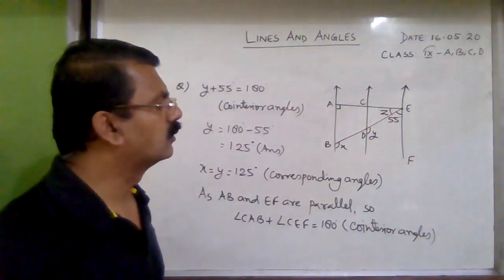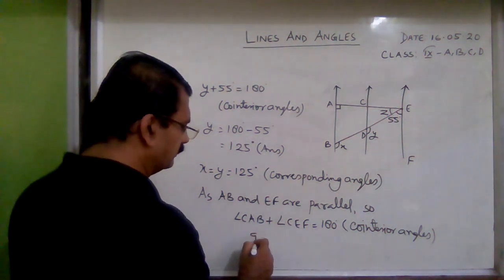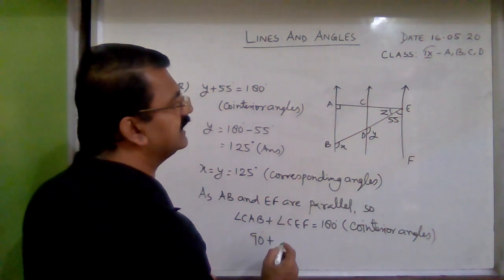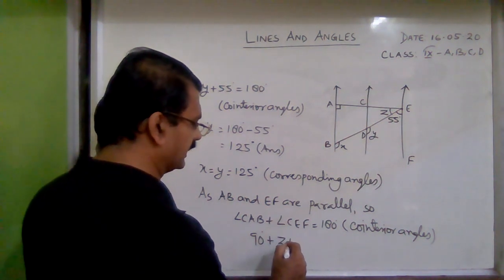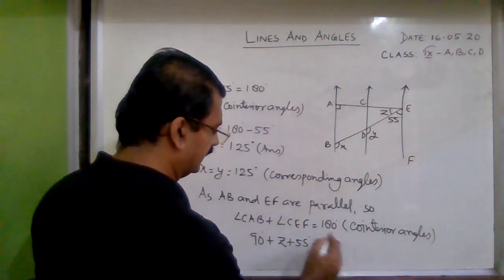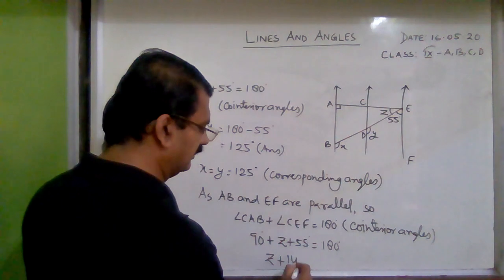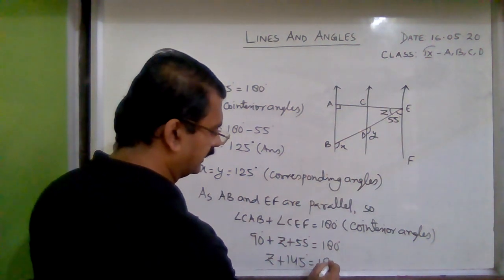Now angle CAB is 90 degrees and angle CEF will be Z plus 55, so Z plus 90 plus 55, that is 145, is equal to 180.